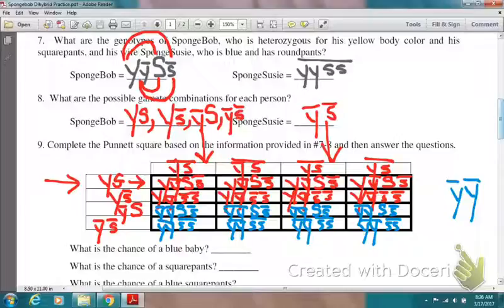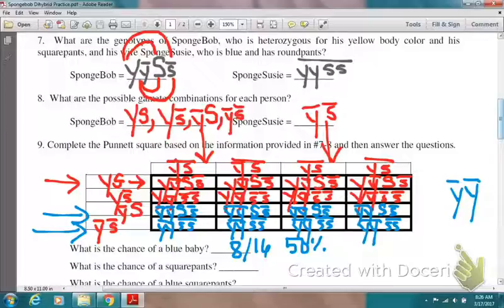It is going to be 50%, because if you'll notice in these bottom 2 rows, every genotype is little y, little y. So that is 8 out of 16 boxes, which is 50%.